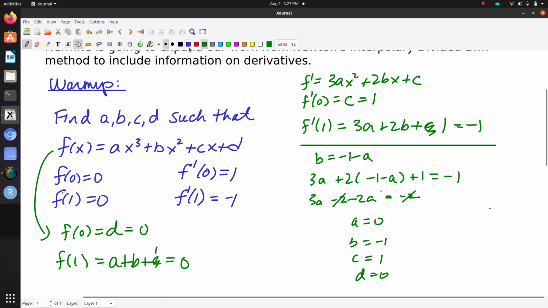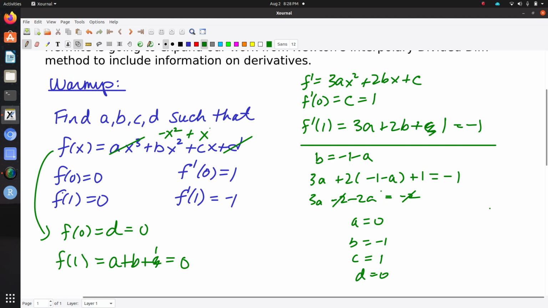So finally we have a is gone, d is gone. b is negative 1 and c is 1.